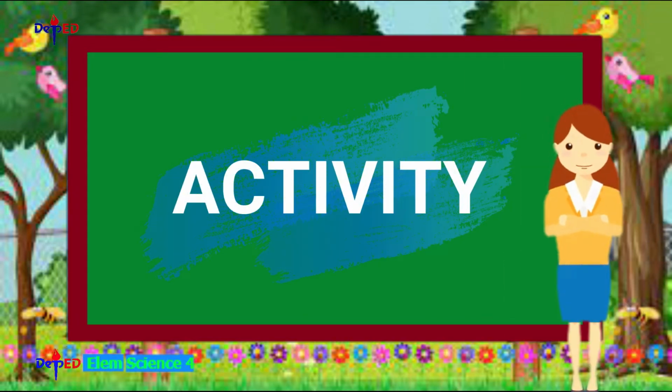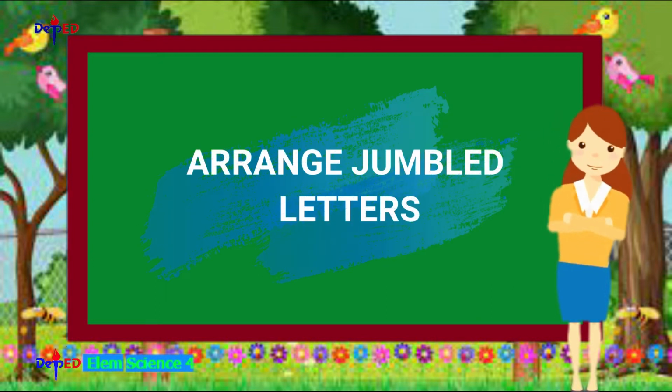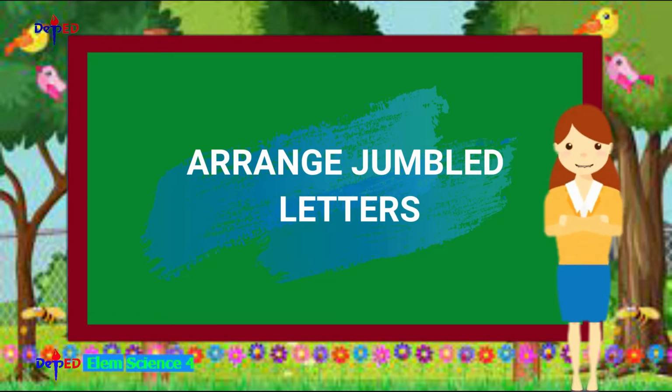Before we start with our activity, let us first get to know the important words used in these lessons. If you know these words, then you are good to go. If not, let's find out. What you are going to do is to arrange the jumbled letters to form the word referred to by its meaning.